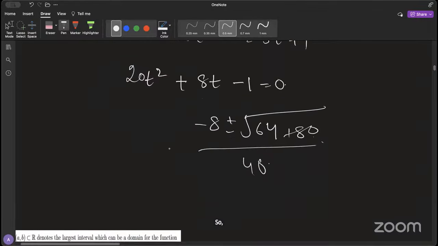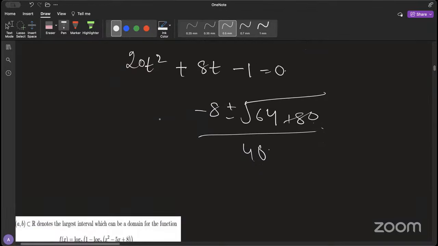So our t is going to be equal to, yeah, so this is t. There are two values of t.